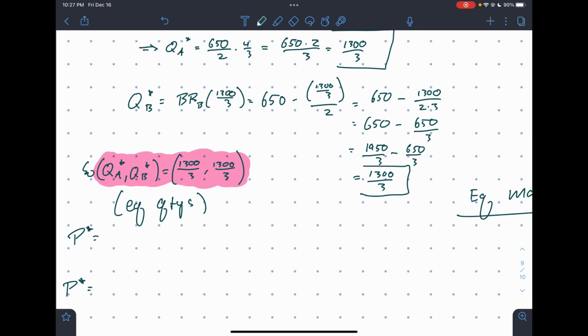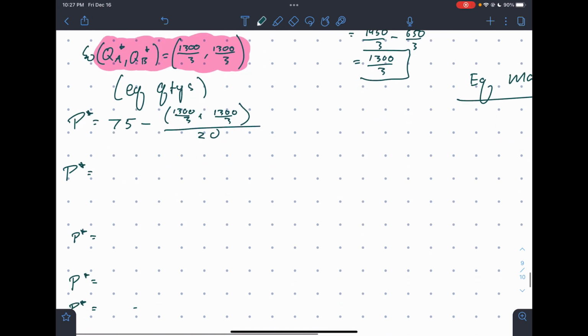So we're going to use this to solve for the equilibrium price. So the price is 75 minus QA plus QB divided by 20. That's 1300 over 3 plus 1300 divided by 3, divided by 20. So this ends up being 75 minus 2 times 1300 divided by 3, divided by 20.